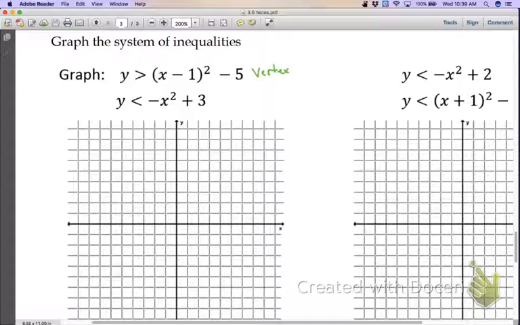So what's my vertex here? It's at 1, -5. Do everything with each function first and then go on to the next one. So I have my vertex at 1, -5.